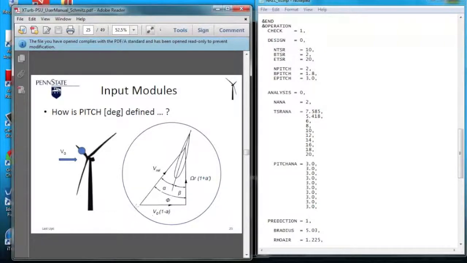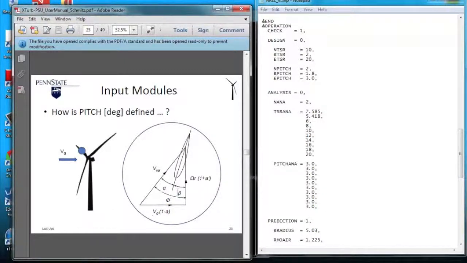That gives the resultant velocity vector V_rel, and this one has an inclination with the rotor plane, which we call the blade flow angle phi.